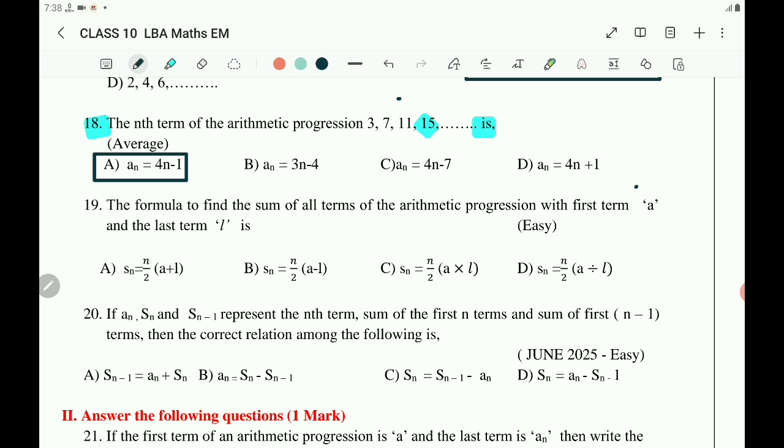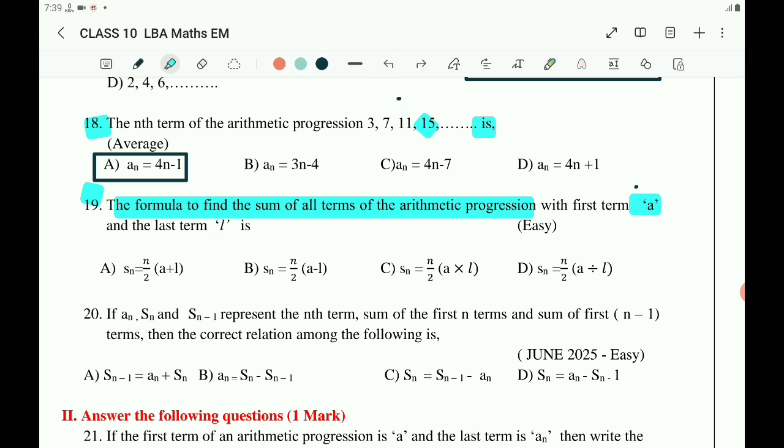Next, the 19th question. The formula to find the sum of all terms of an arithmetic progression with first term a and the last term l. Here the formula to find the sum of n terms of an AP if the first term and last term are given.